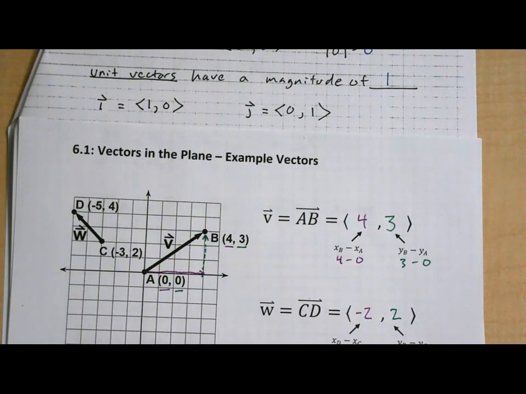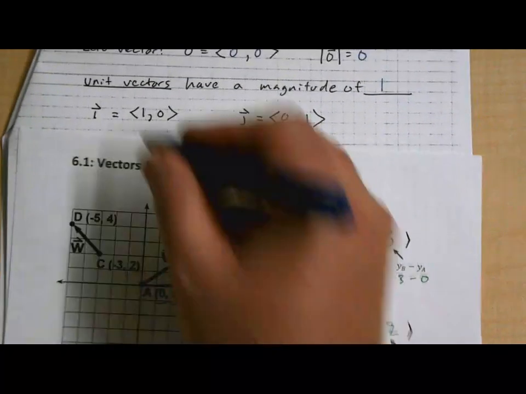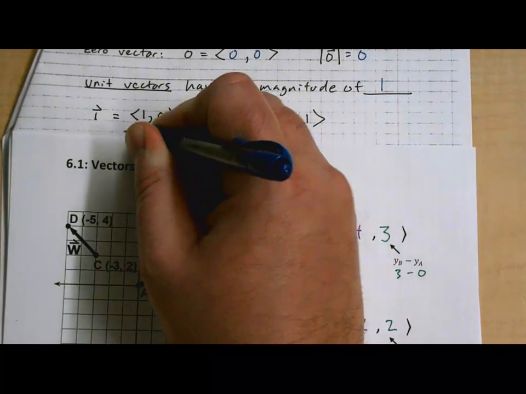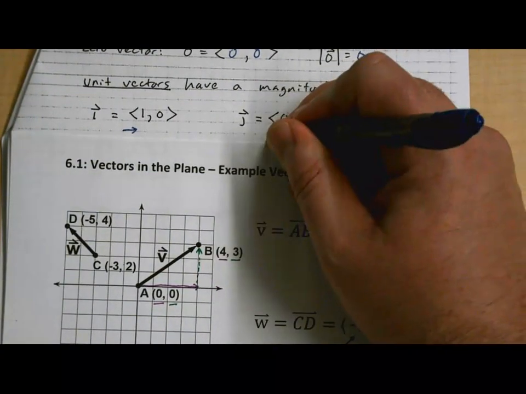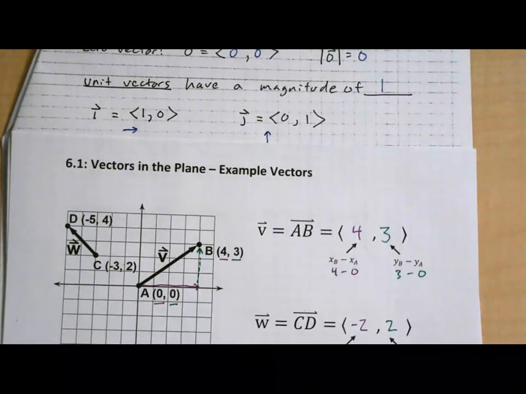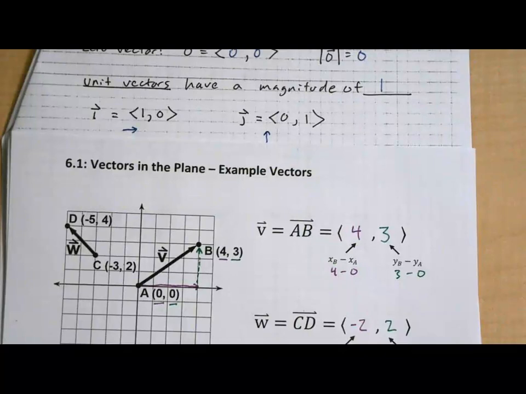Lowercase i is the unit vector in the x direction. So this would be a unit vector that is 1 unit pointing to the right. Lowercase j would be the unit vector in the y direction. This would have a length of 1 unit, and it would be pointing upwards.